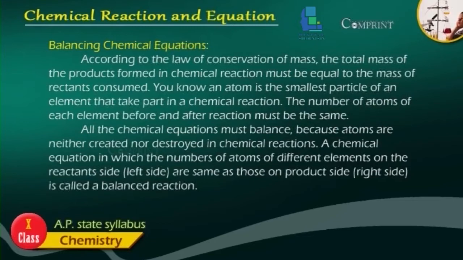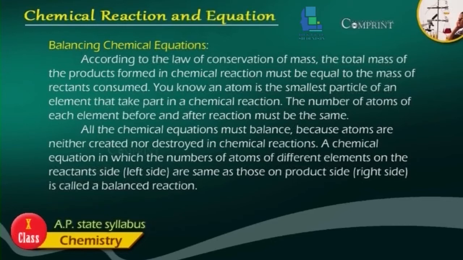Balancing chemical equations. According to the law of conservation of mass, the total mass of the products formed in a chemical reaction must be equal to the mass of reactants consumed. You know, an atom is the smallest particle of an element that takes part in a chemical reaction. The number of atoms of each element before and after reactions must be the same.